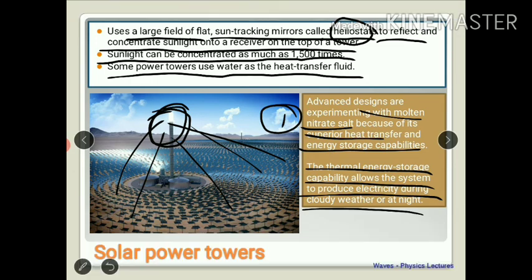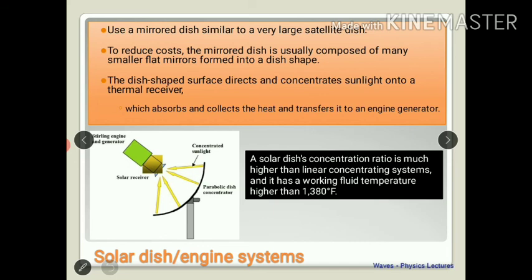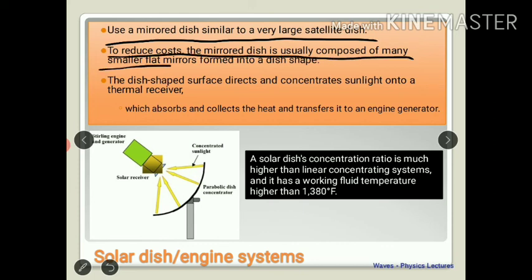And finally we have the solar dish or engine system. This looks more or less like a dish TV or satellite dish that you use on your rooftop for getting signals. Basically it's a mirror dish similar to a very large satellite dish. To reduce the cost, these mirror dishes are usually composed of many smaller flat mirrors formed into a dish shape.